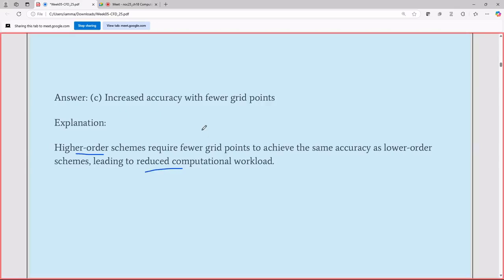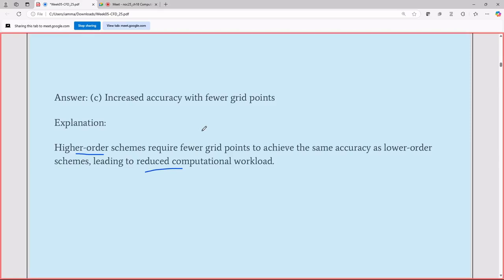Also, higher order schemes can be used for complex geometries. But the main thing is higher order schemes can achieve better accuracy than lower order schemes.